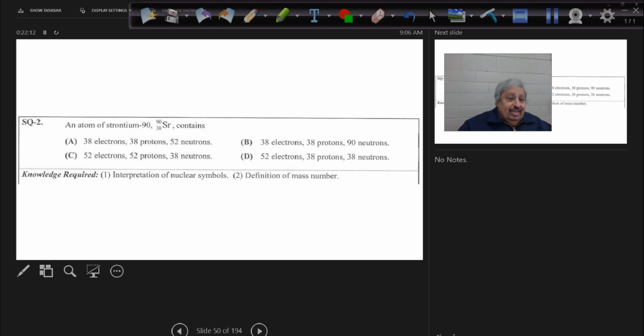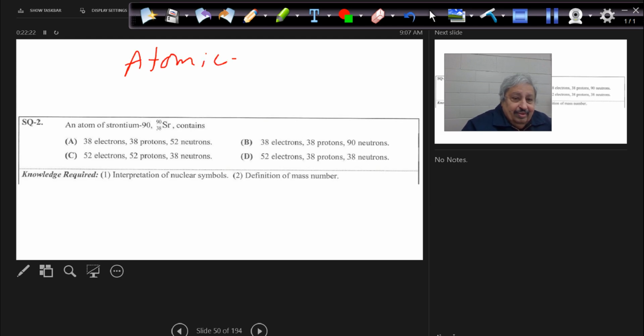So the atomic number, guys, is what? 38, correct? Which is equal to the proton number and equal to the electron number. So electrons and protons, 38. How about the neutrons?